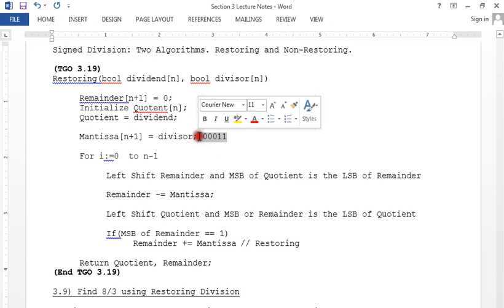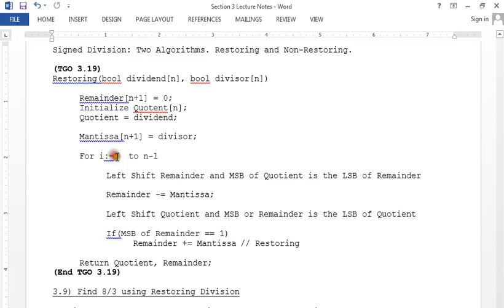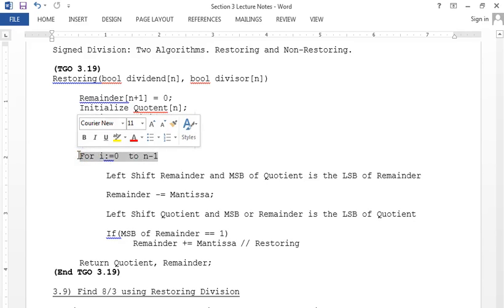And so what's going to happen every iteration? So when I say i is 0 to n minus 1, and I have 4 bits, how many iterations am I going to do? If I have 4 bits in my architecture, right, and I say 0 to n minus 1, how many loops am I doing? 4, correct.